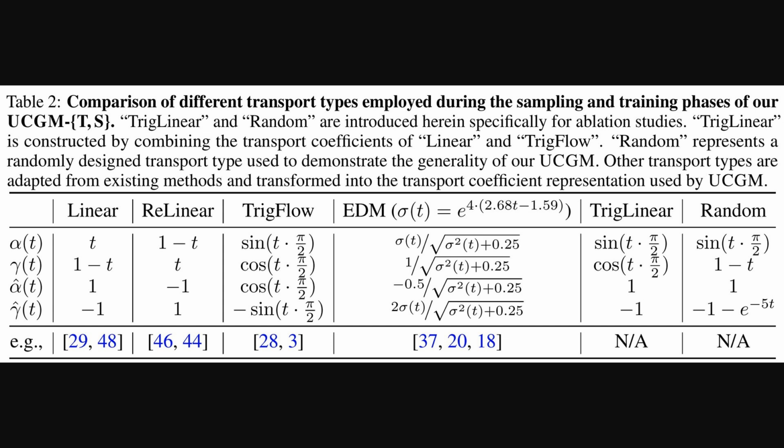For each, the table lists the specific mathematical forms of those unified transport coefficients, alpha t, gamma t, and their counterparts, alpha t prime and gamma t prime. This essentially shows the versatility of UCGM. It can implement various data transformation strategies by just plugging in these different coefficient sets.